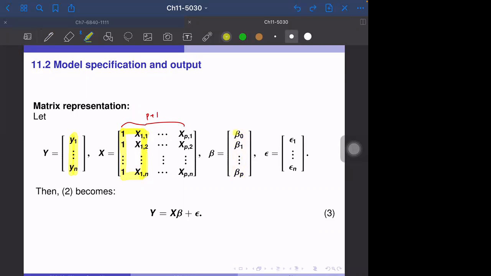Originally, in simple linear regression, we only had beta naught and beta 1, but now we have up to beta p. And still, we can write y is equal to x beta plus epsilon. Everything is the same to prove, for example, the estimate beta hat or the estimated variance of epsilon and so on. You can deal with it in exactly the same way.